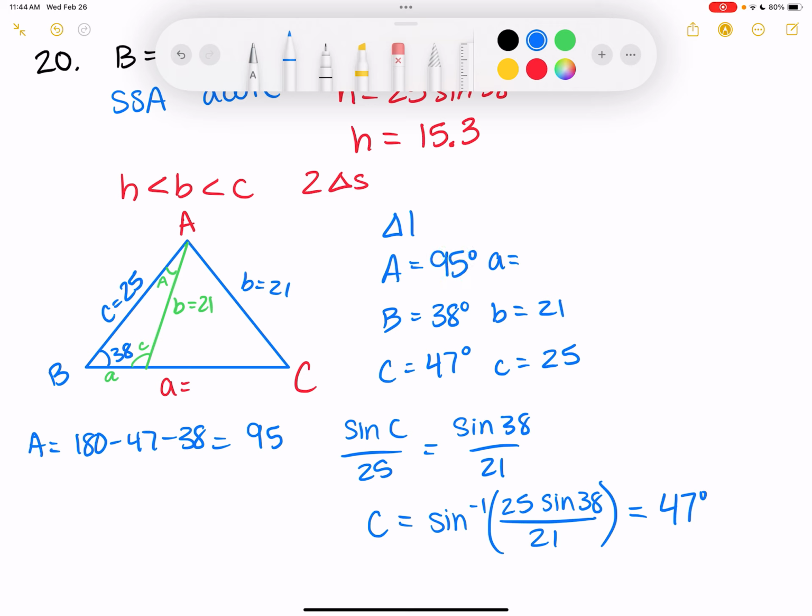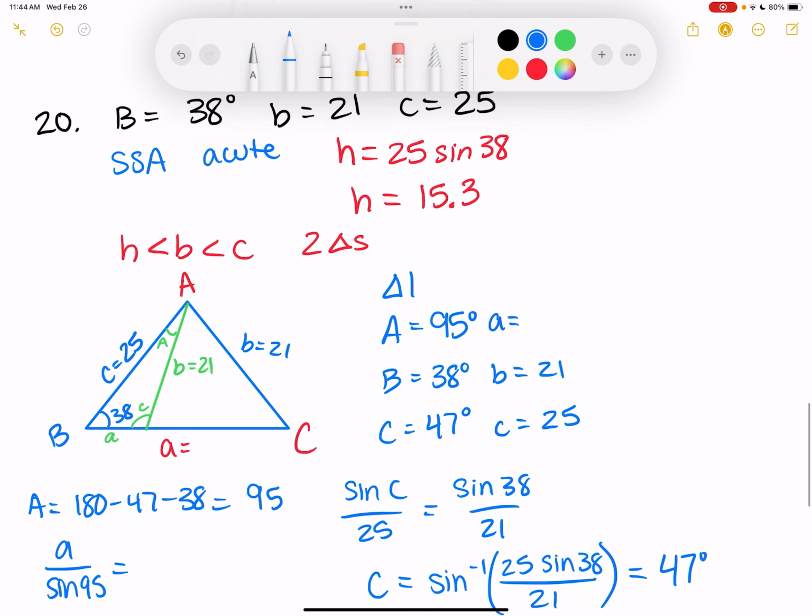So then side A over the sine of 95 equals, what did I have? B. So 21 over the sine of 38.